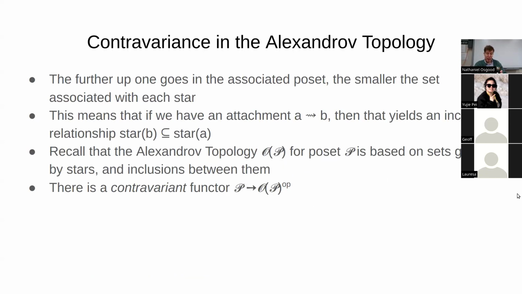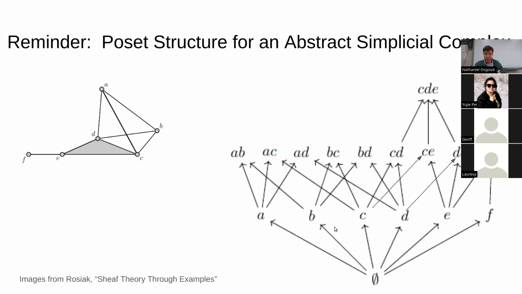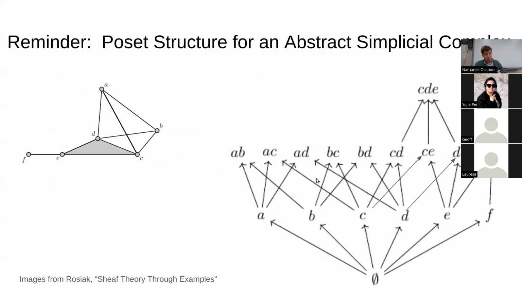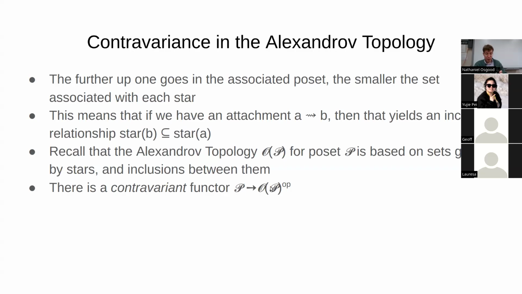The O of P, the topology opens category, where we have the objects as these sets given by stars of some object here, so the set for C, the set for CD. But in this original poset for the attachment, CD is greater than or equal to C. But in this one over here, the set for CD will be less than or equal to, that is a subset of, the set for C, right?